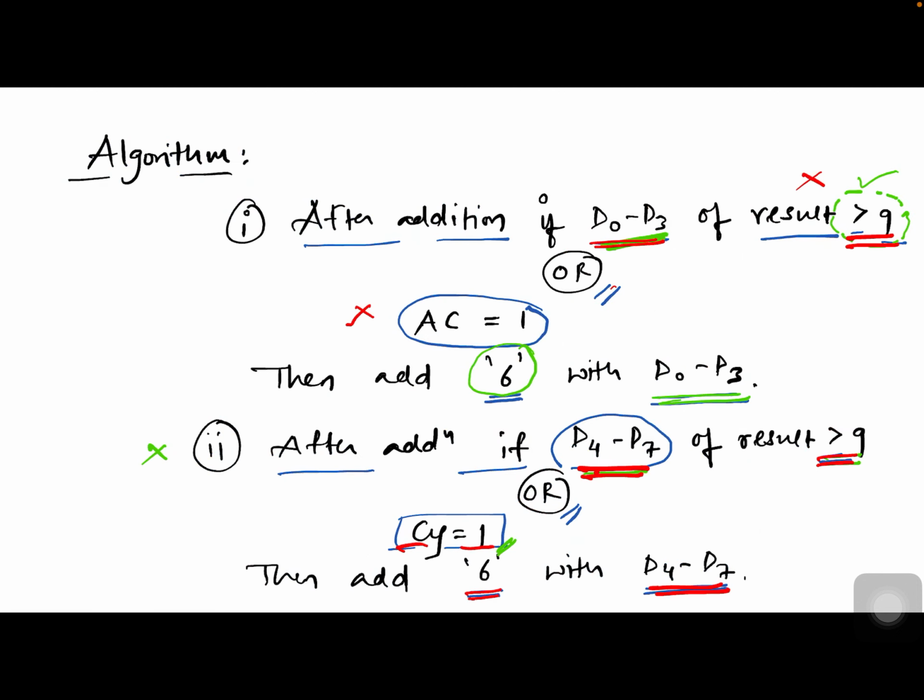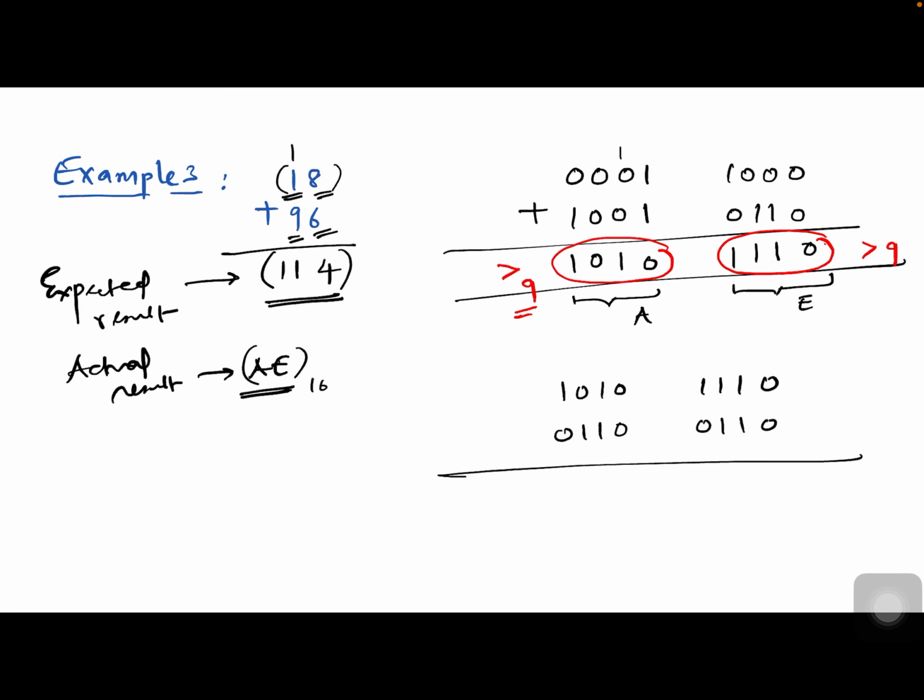See, my algorithm says if D0 to D3 of result is greater than 9, add 6, and if D4 to D7 is also greater than 9, add 6 with D4 to D7. So I'm doing that. Let me add. So what do I get? 0. 1 plus 1 is 0, carry 1. Triple 1, sum 1, carry 1.